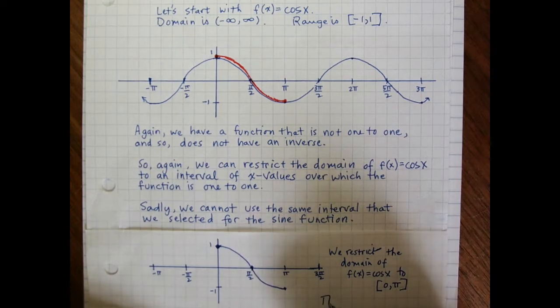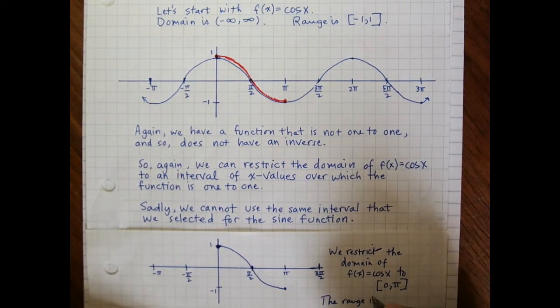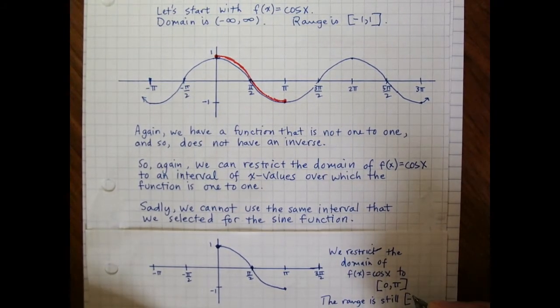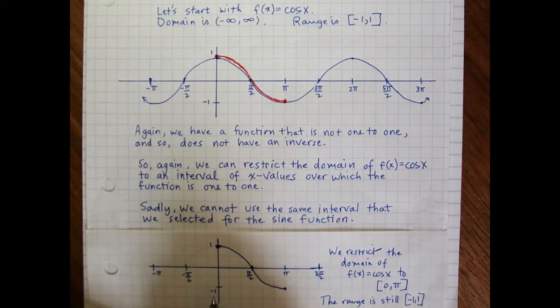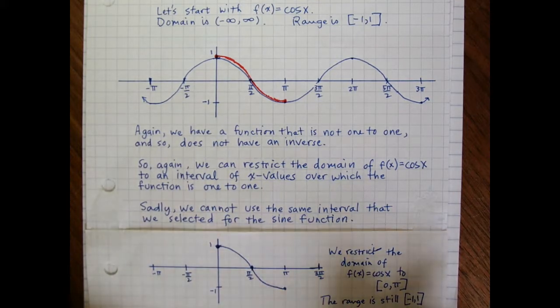The range is still from negative 1 to 1. So we chose an interval of x values that give us points that use every possible y value between negative 1 and 1, including the endpoints on the graph.